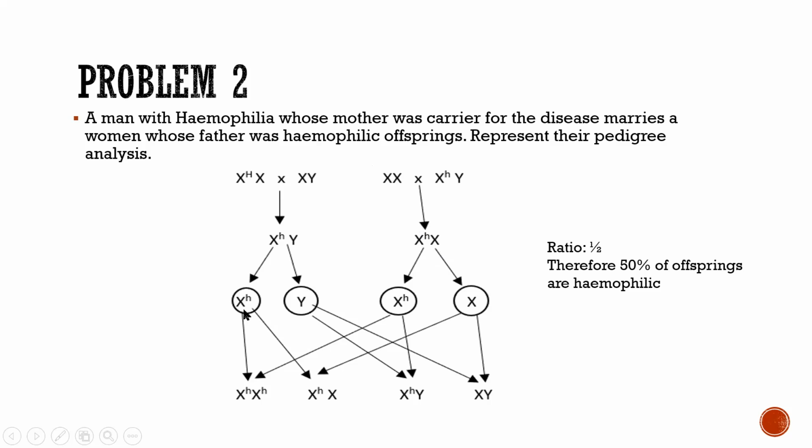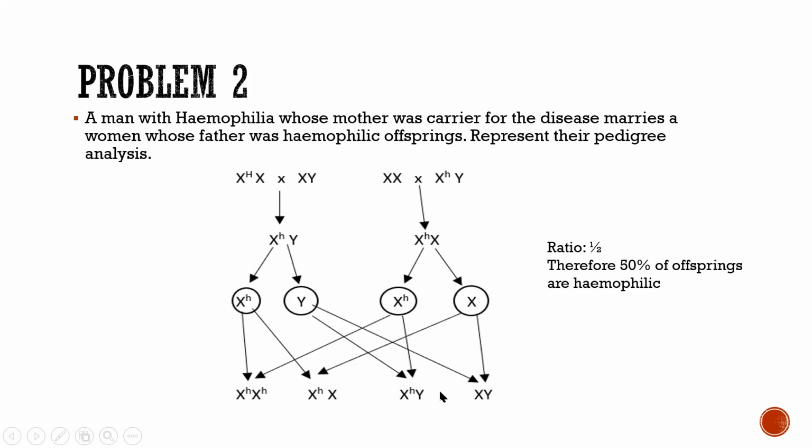So next is the representation of gametes, what type of gametes will be produced, and what are the possible types of offsprings. When we do this, we come to know that there is a female who is completely affected by hemophilia. She is hemophilic. This is a carrier female.